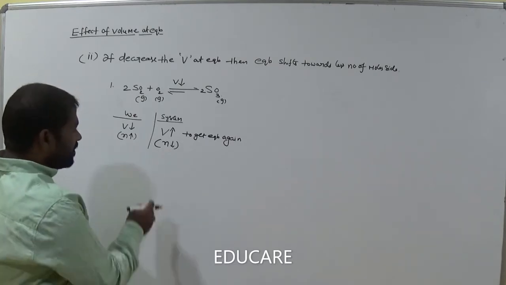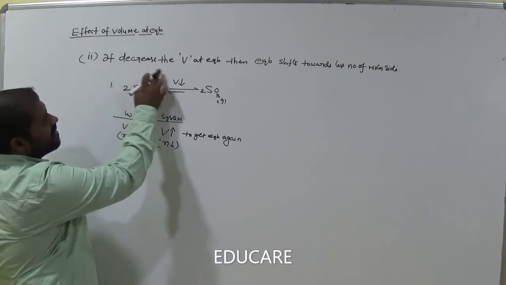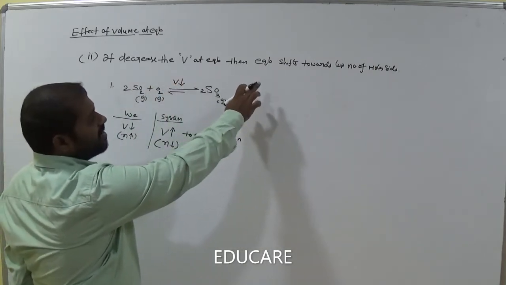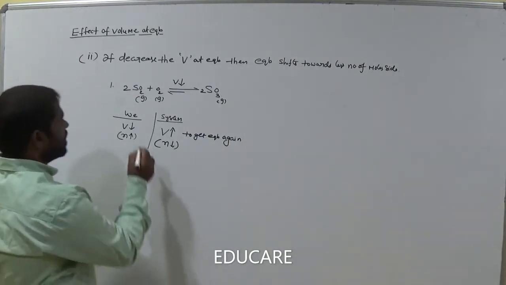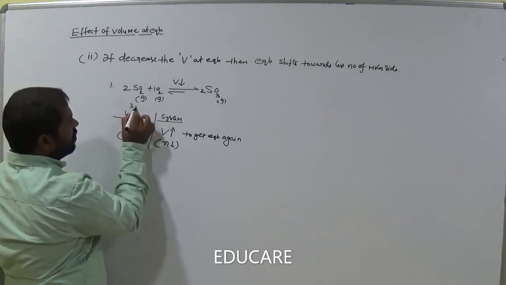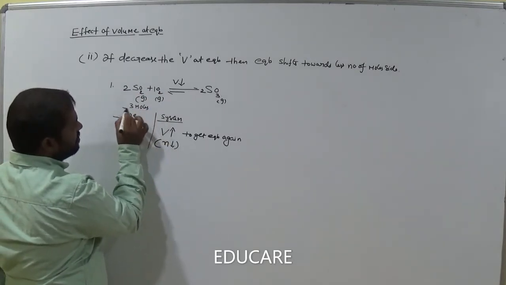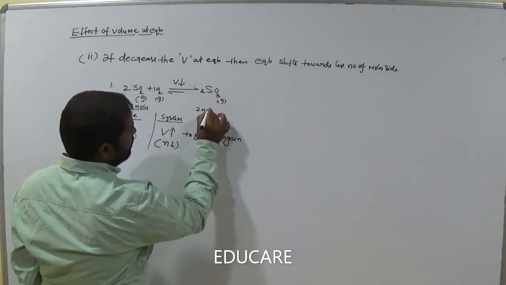So now the equilibrium moves towards the less number of moles side. If we decrease the volume at equilibrium, then equilibrium shifts towards the less number of moles side. So here how many moles do we have? 2 plus 1 means 3 moles at the left hand side. On the right hand side we have 2 moles, am I right?